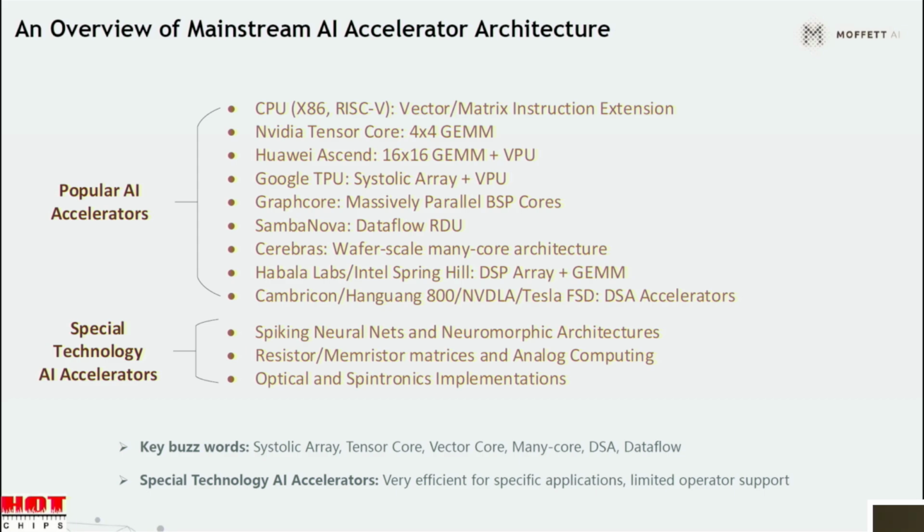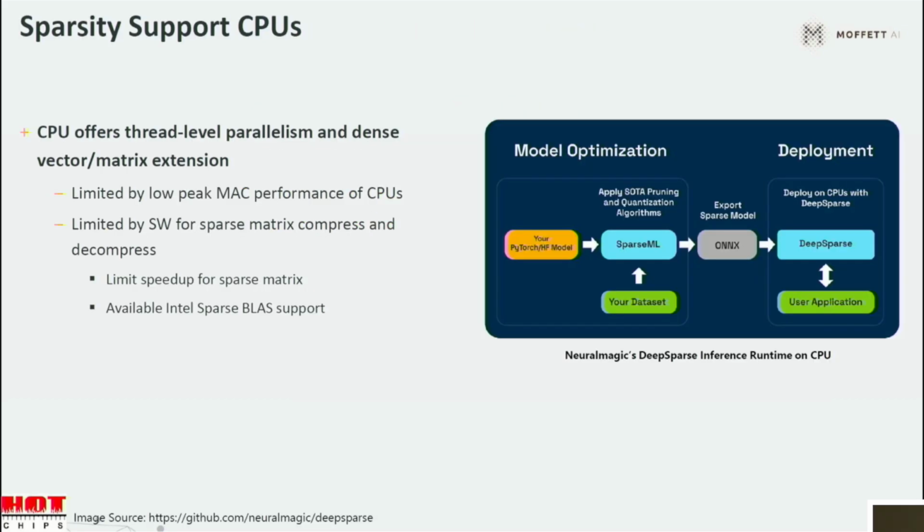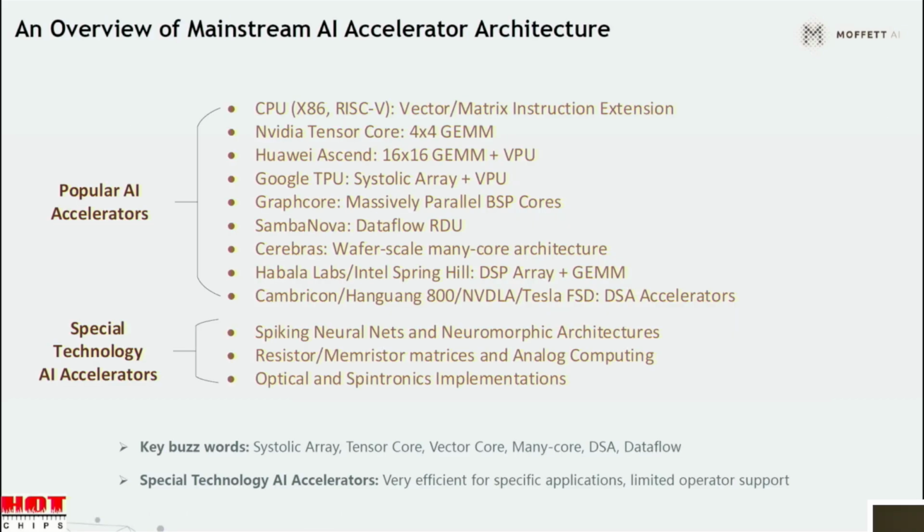The other type of accelerators are based on spiking neural networks, neuromorphic architectures, memristors, analog computing, and optical computing. These special technology accelerators are very efficient for certain applications, but have very limited operator support.